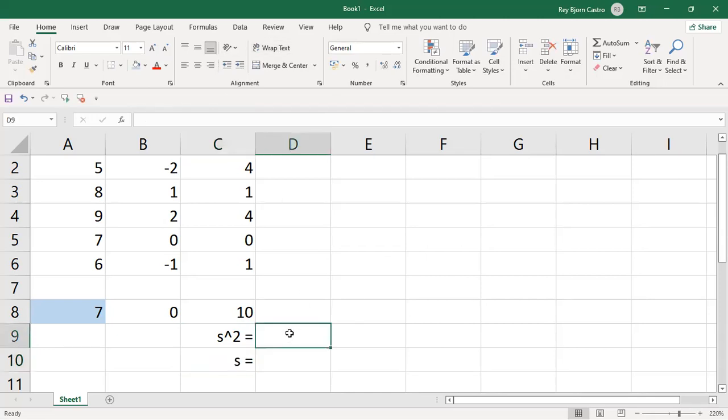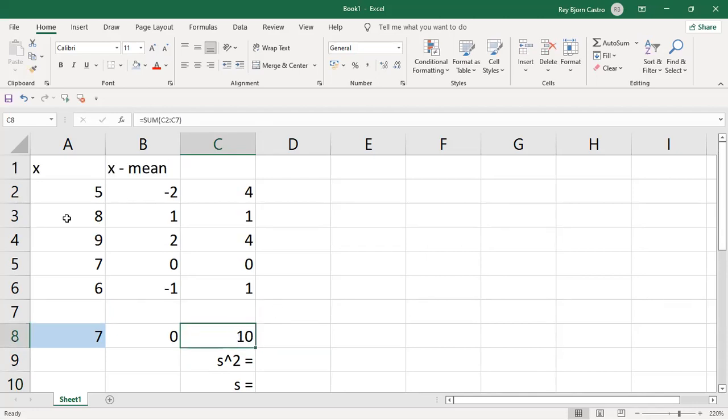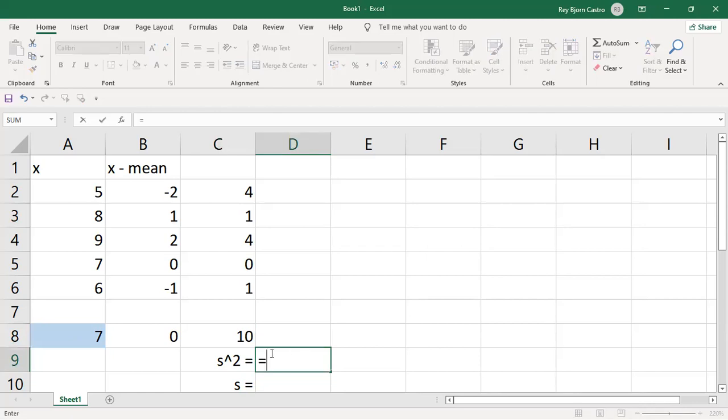Okay. So ito ay i-divide lang natin sa number of values minus 1. So in this case, 10 divided by 5 minus 1. So what should be the result? 10 divided by 5 minus 1, or simply 4.